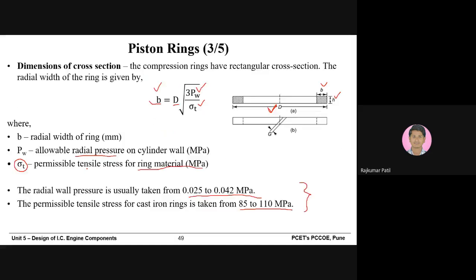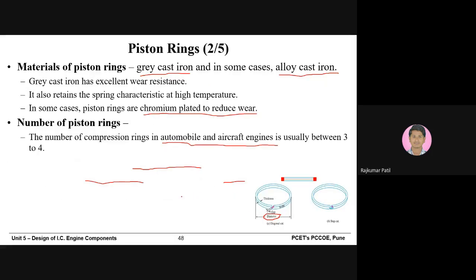Again, in the previous slide, here you can see the piston rings are not in a circular shape. Generally, there is a slot so that it can be expanded and then placed in the grooves provided for the piston rings. Whenever we are placing a number of rings one over another, these open slots should be opposite to each other.